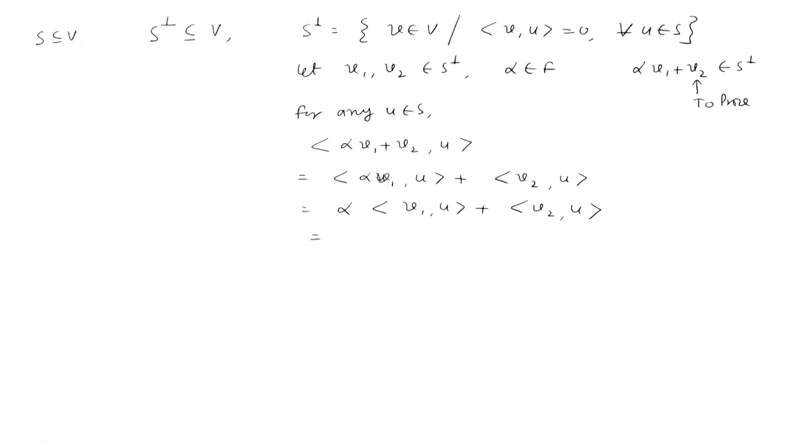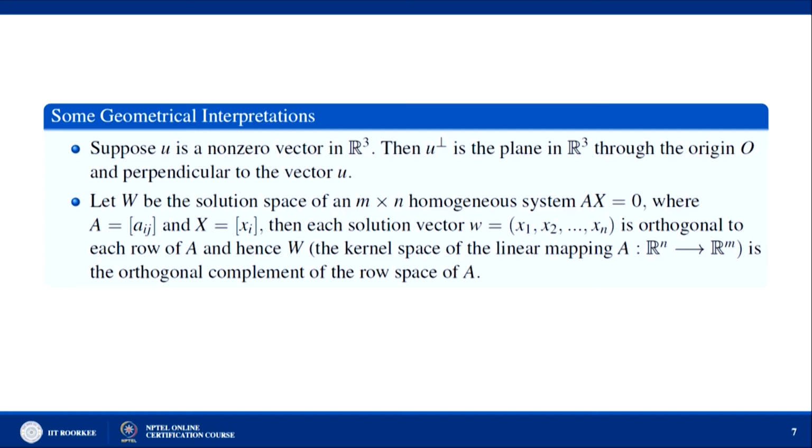Since v1 and v2 are in the orthogonal complement of S, this is 0 and this is 0 for any u. So this is equal to 0. We have shown that alpha v1 plus v2 belongs to the orthogonal complement of S, and that means the orthogonal complement of S is a subspace of V.